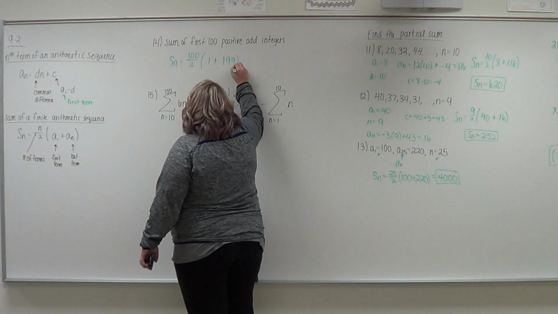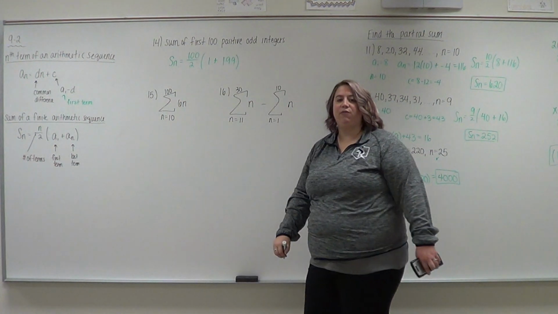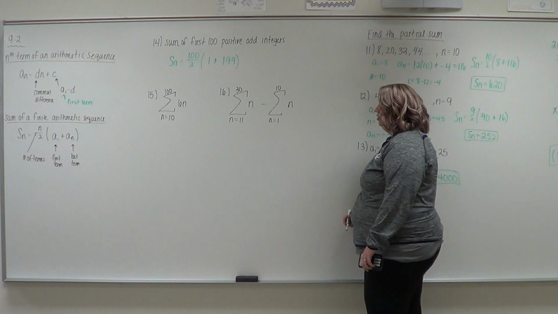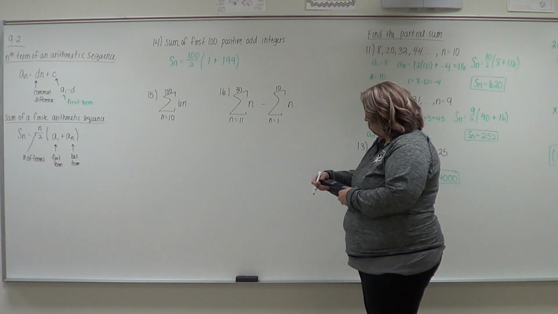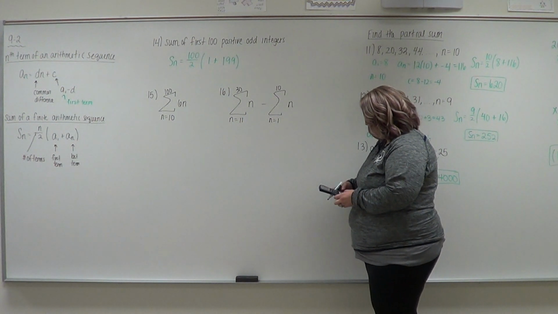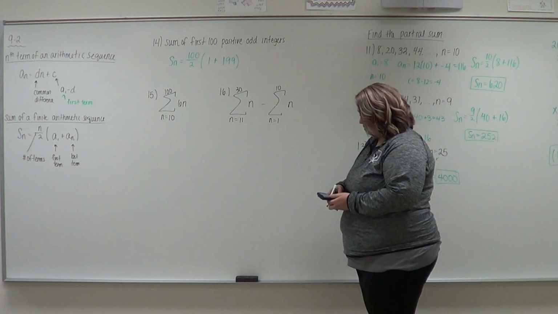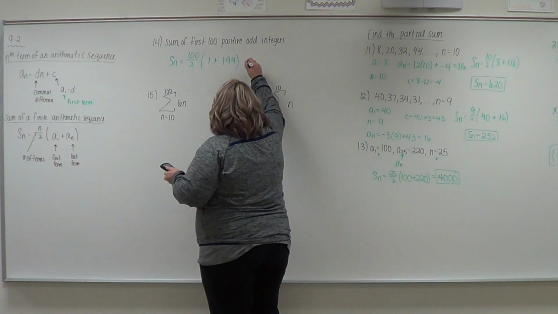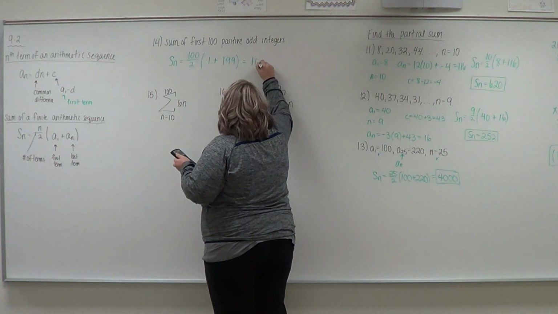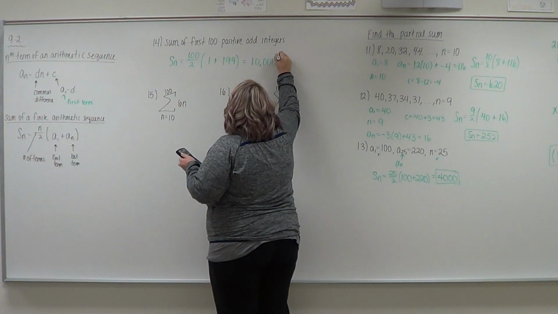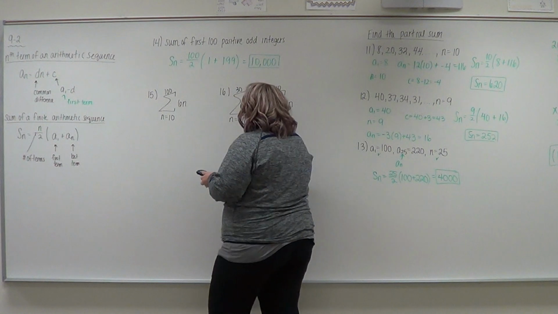It would be 199, because I need the first 100. So I would take 1 plus 199, so that's 200, times 100 divided by 2, and that would give me 10,000.